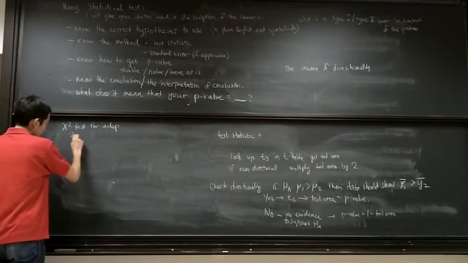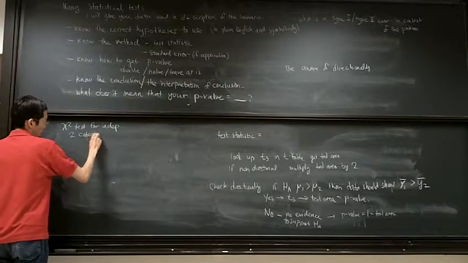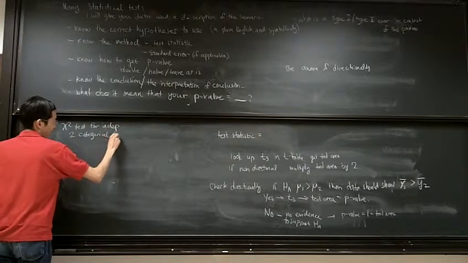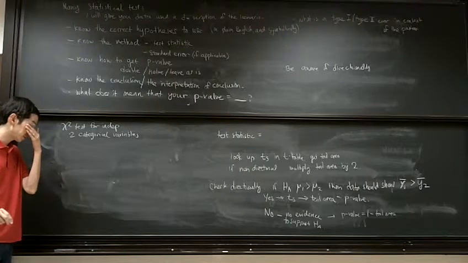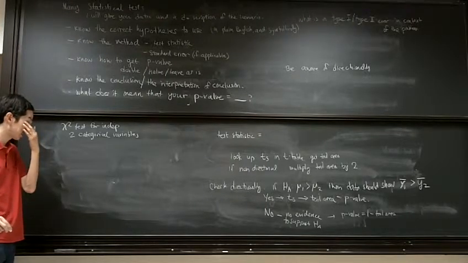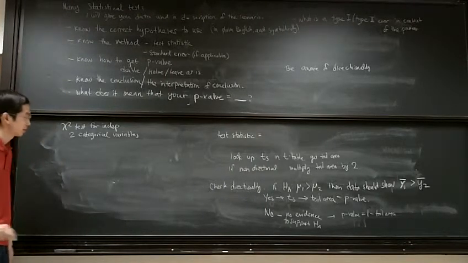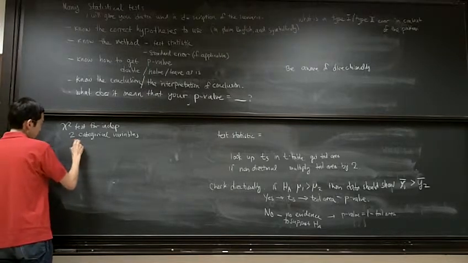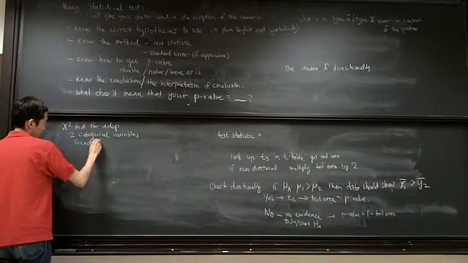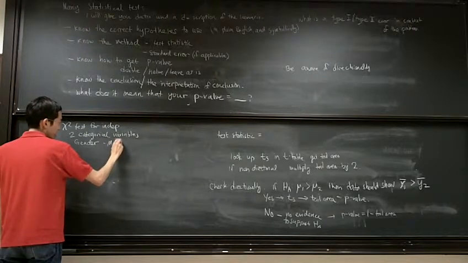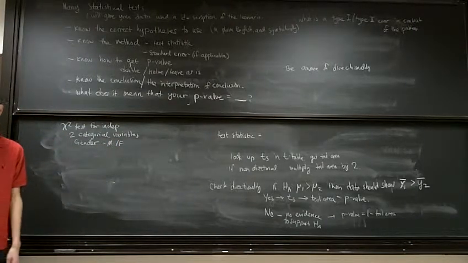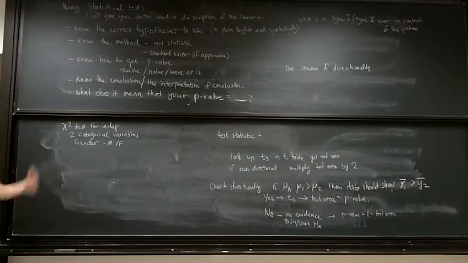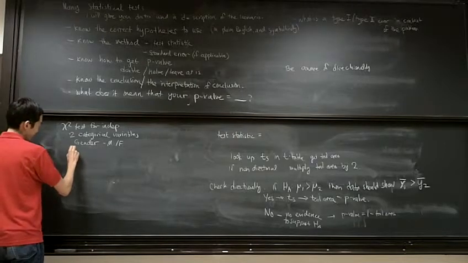I've got 2 categorical variables, alright. So what are my 2 categorical variables that may be related? So we'll say gender, male versus female. And what is something that is related to gender, another categorical variable? Long hair versus short hair. Okay. Hair length.